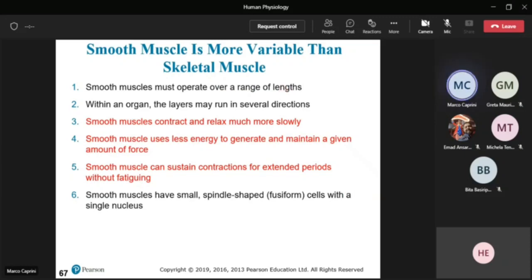Another interesting difference between skeletal and smooth muscle cell is that within an organ, the layers may run in several directions. We already have analyzed this point, I think, okay? Again, another example, think of the intestine, okay?